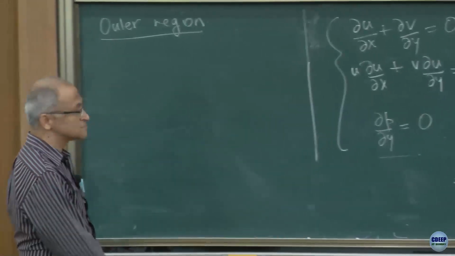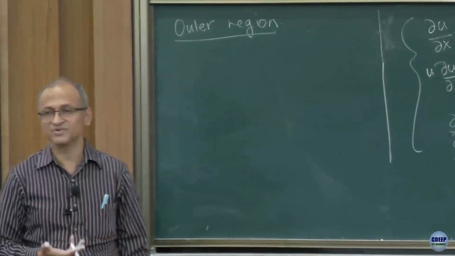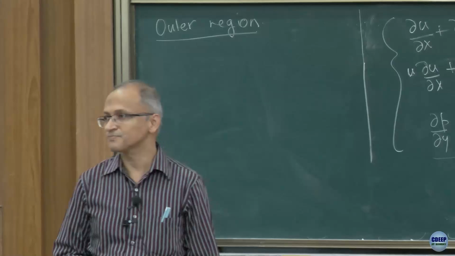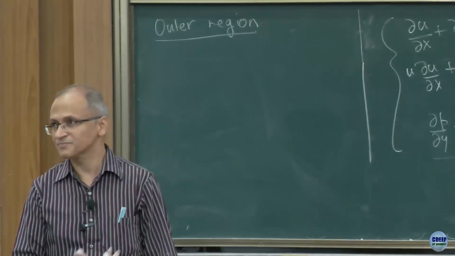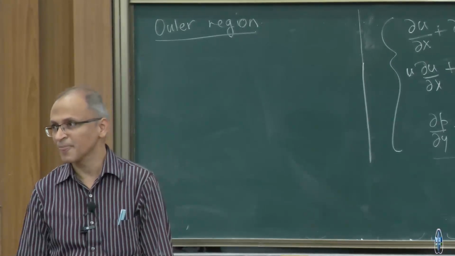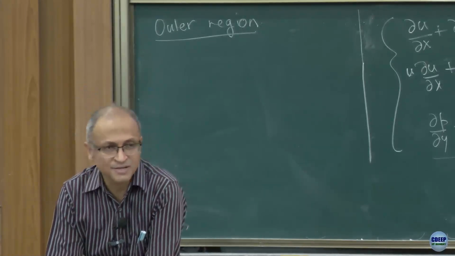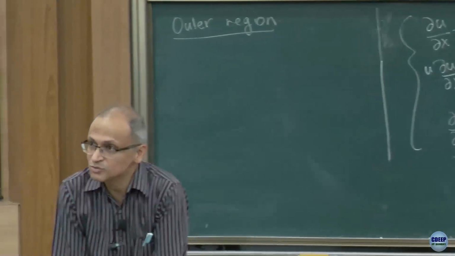And we have seen that we can simplify our Navier-Stokes equation to a Bernoulli equation. So let us start with the Bernoulli. In the outside region, I can apply Bernoulli very easily. No issues there, no approximations involved. It's exactly applicable in the outer region.